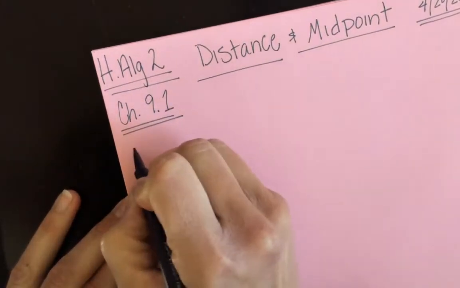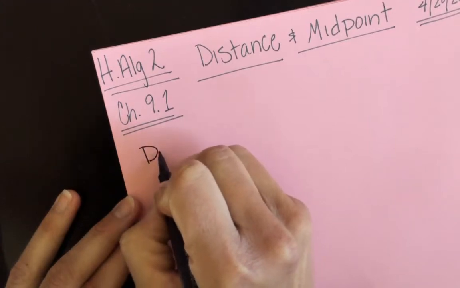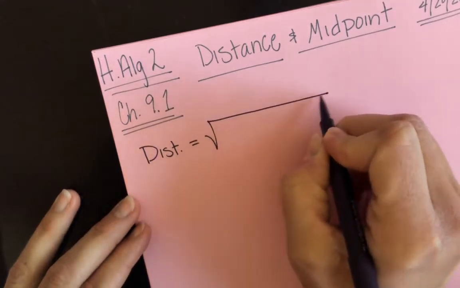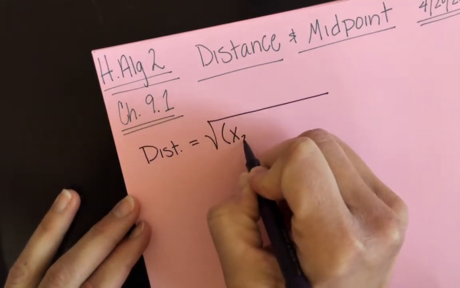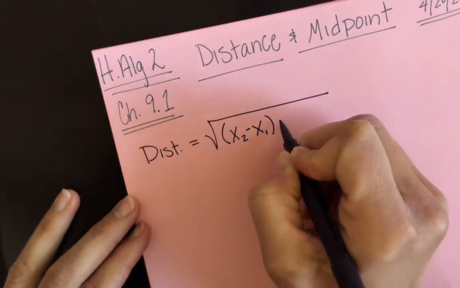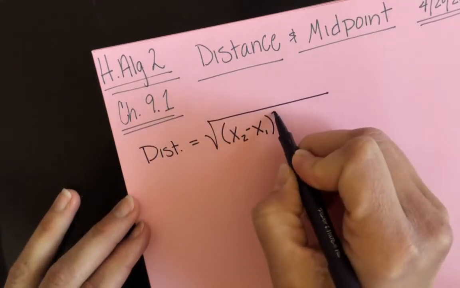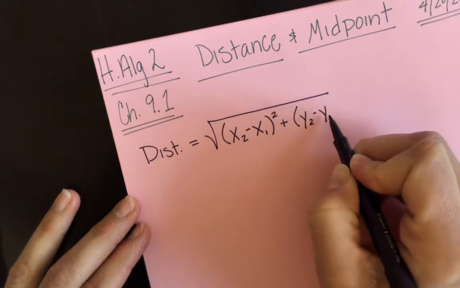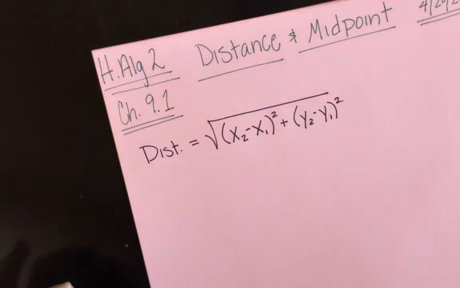Remember from geometry that our distance formula was the square root of x2 minus x1 quantity squared plus y2 minus y1 quantity squared.